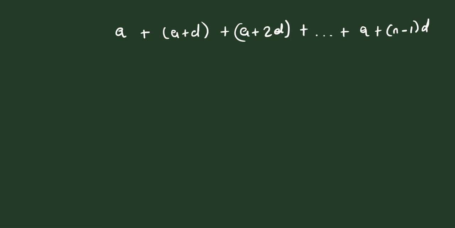Now an arithmetic formula is a plus d and so on. Why? Because let's say this is my arithmetic formula here. This first term is a. A stands for the first term, then d is the difference. So to get this term, I say a plus d. And then remember, it is a constant difference. To get the next term, it will be a plus 2d.